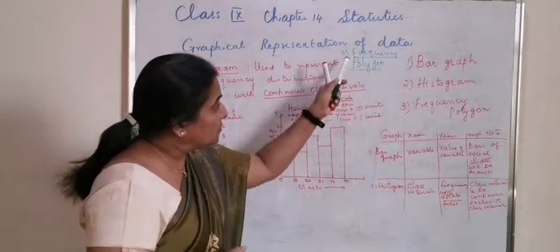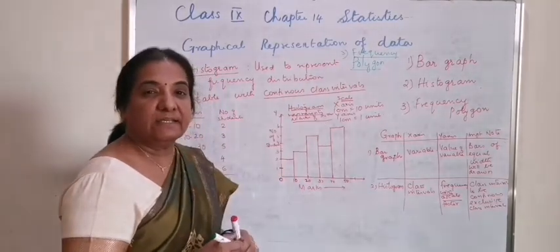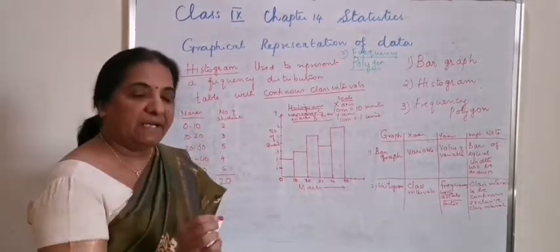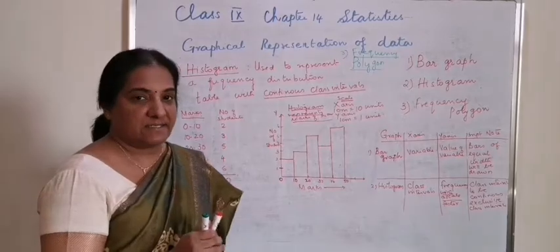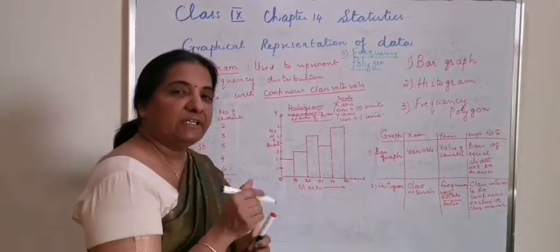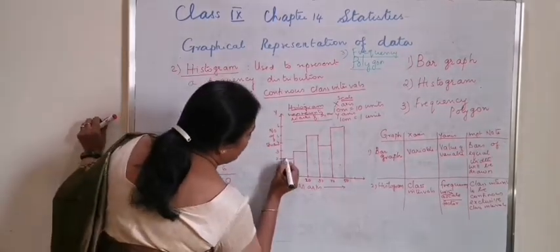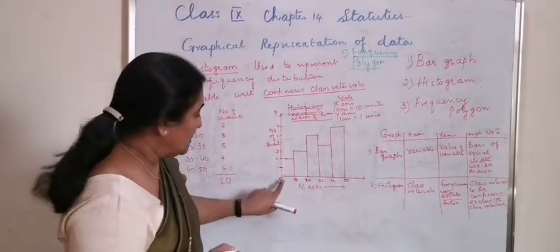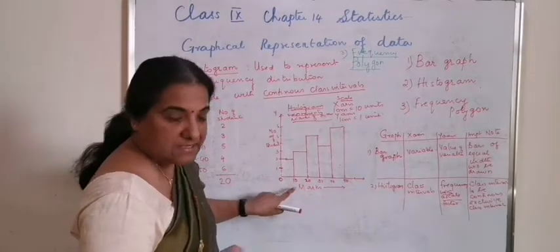To represent it in a frequency polygon, we have to take the mid value of each class. That means after drawing the histogram, plot the mid value of each of the rectangular boxes, which shows the mid value of the class.